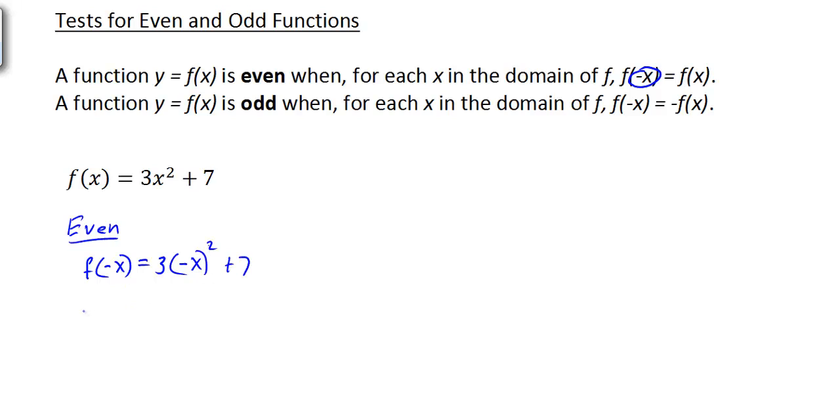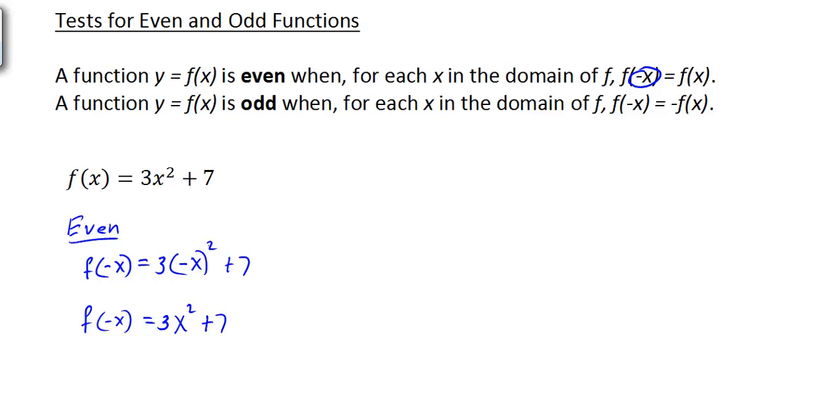Now, if we simplify this, we have f of negative x. Well, if we square a negative x, we're squaring the x, so it's still x squared, but a negative times a negative is positive, so that makes this a positive x squared, and we still have our plus 7.